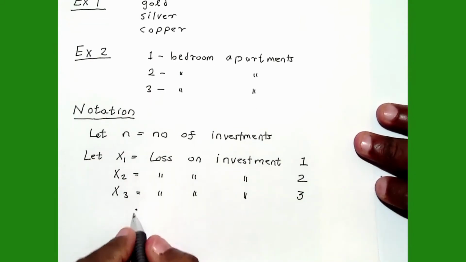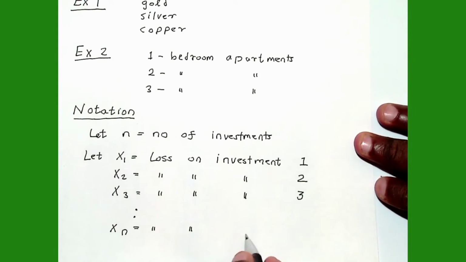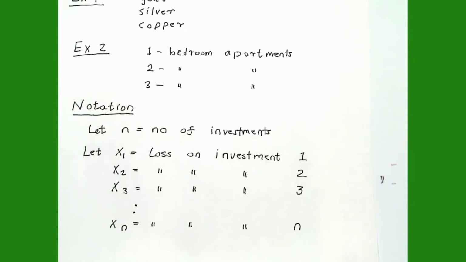And so on until let Xn denote the loss on investment N. Okay, so we need all these variables X1 to Xn representing the losses on the N investments, right? To talk about portfolio theory, right?